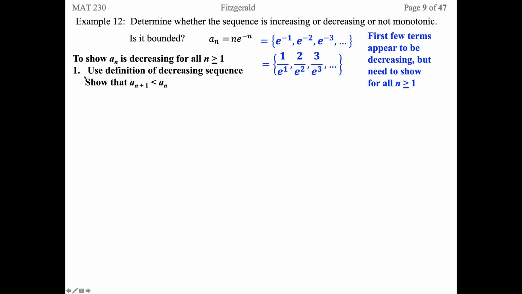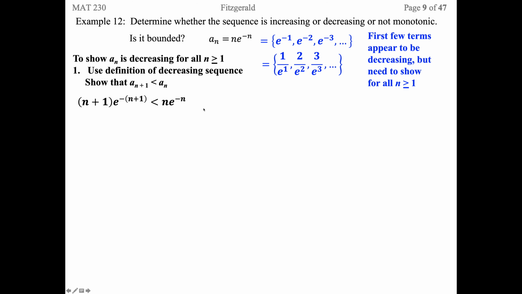So one way we can do that is to use the definition of a decreasing function. What you want to show is that a sub n plus 1, that's going to be the very next term in your sequence, is always going to be less than the previous term. So therefore, you will be constantly decreasing. If your next term is always less than the previous, you must be getting smaller as you go along.